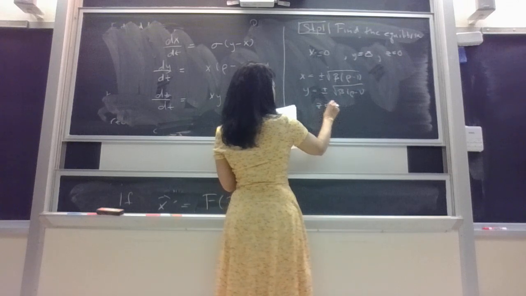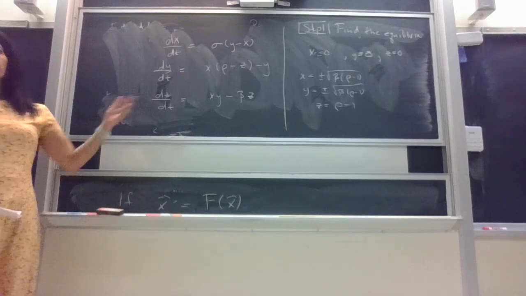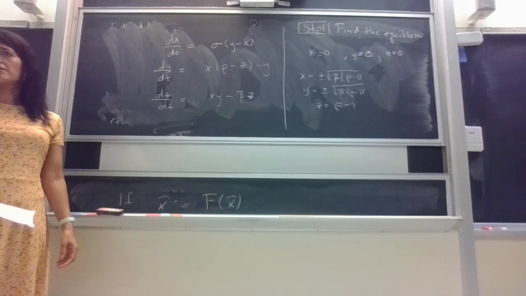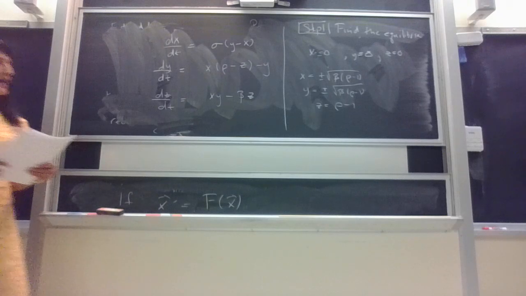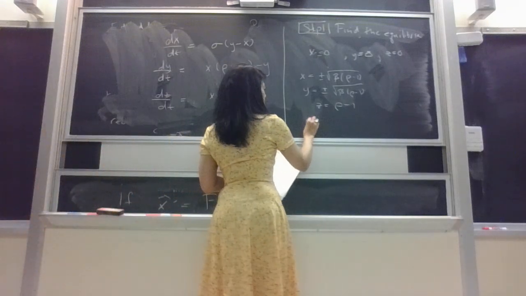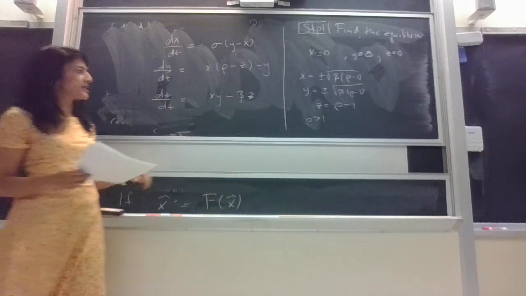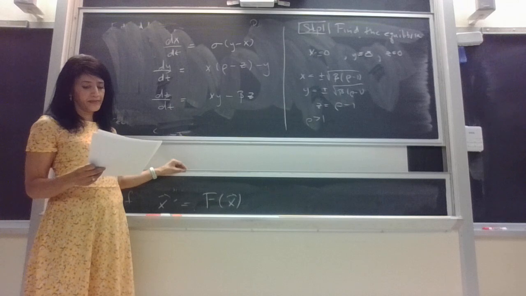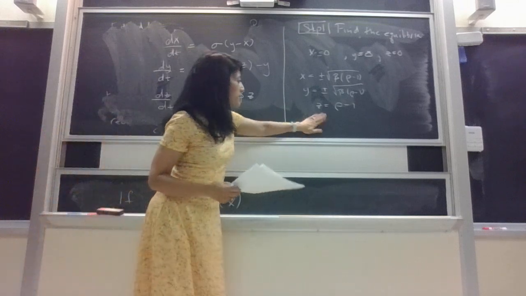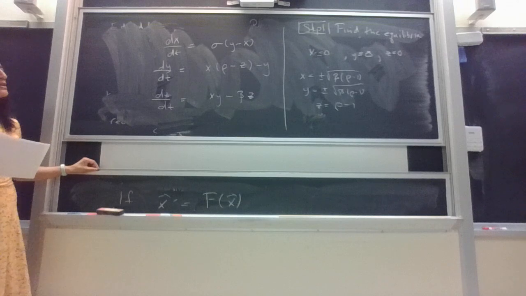And z is equal to rho minus 1. A little bit of abstract algebra: you always have conjugates, so things come in pairs, kind of from the quadratic formula. You see that. And rho in this case has to be bigger than 1. It doesn't have to be, but typically we have it bigger than 1. I'm actually going to erase this because I'm going to stick in rhos that are not bigger than 1. All right, good?